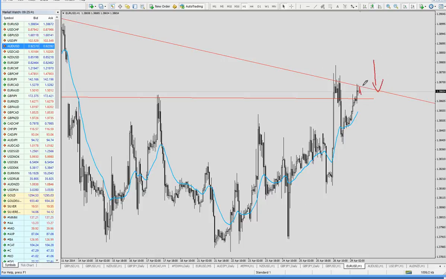So in that case, we are going to have something like this, maybe some lower high, lower low, lower high, and at some point some shorts here. That's the first scenario.